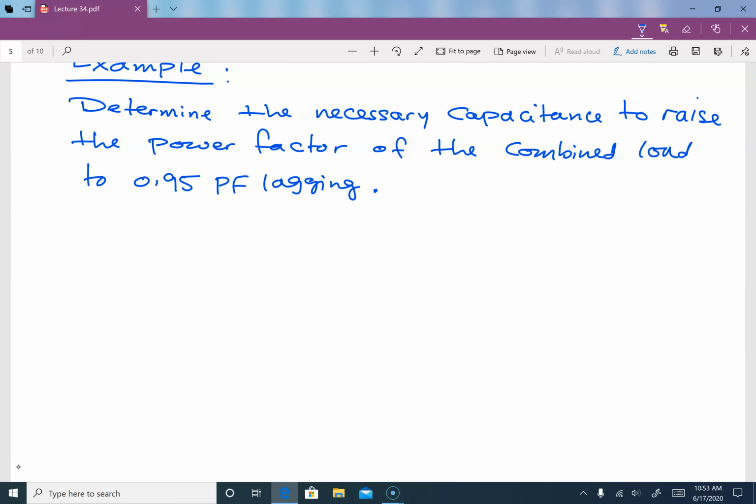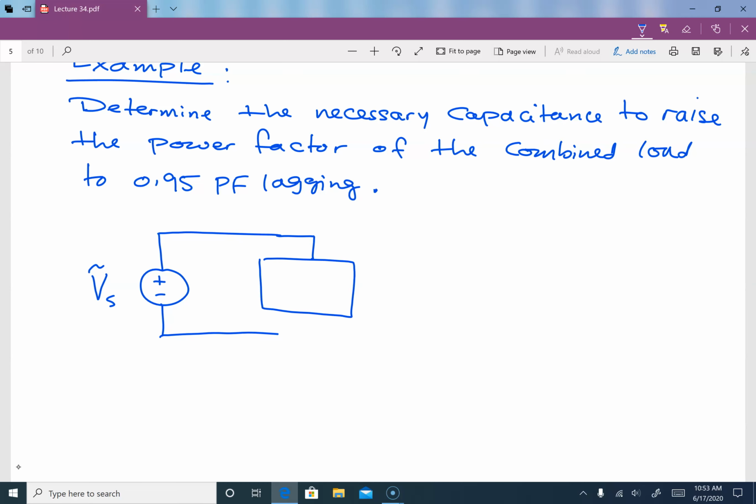And our circuit looks like this. That is Vs. We do have the first load here, and this is load 1, which is 12 kilowatts, 0.87 power factor lagging.